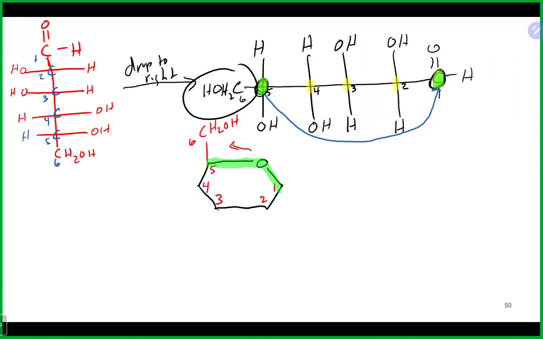So we skip number 5 and go to number 4. What we need to draw for number 4 is where the OH is located. The OH on number 4, is it going up or down? It's going down. So you go to number 4, you put a line, and you put an OH pointing down.